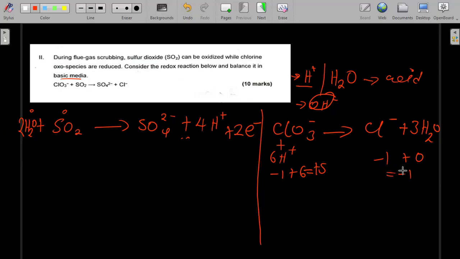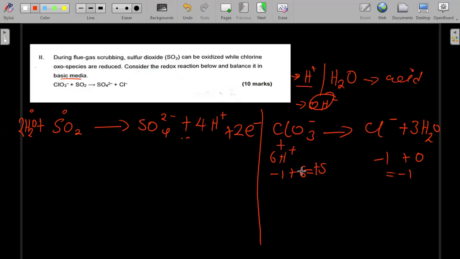So we have this side which is +5, and the other side it's -1. It means that on the left side, we are lacking electrons. How many electrons do we need for us to get back to our -1? You notice that we will need 6 electrons, isn't it?